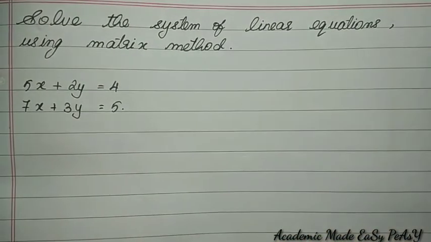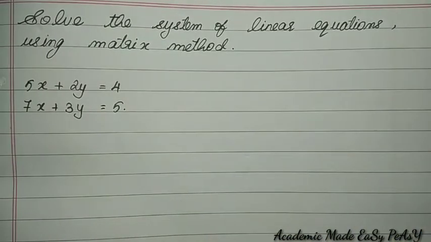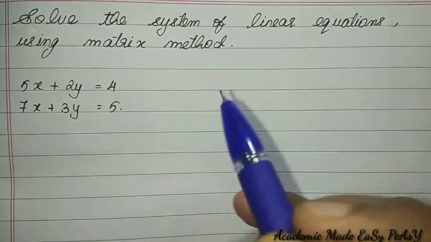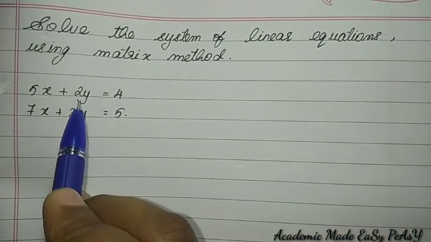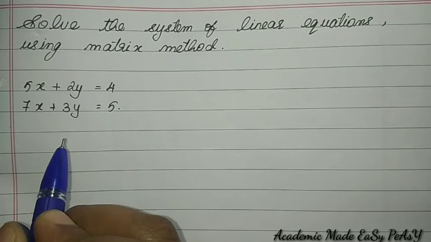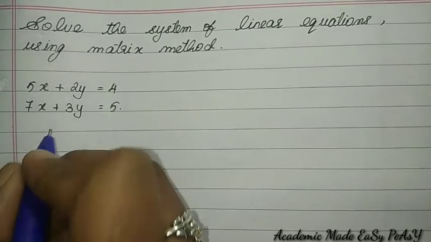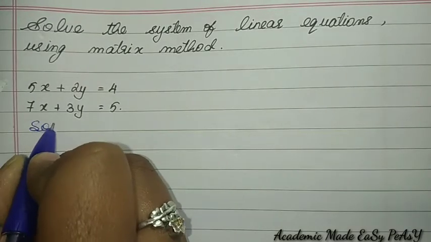Solve the system of linear equations using matrix method. Till now we were seeing only the consistency of the equations. From now we will start finding the solution for these systems of equations. Using the matrix method, I already taught you the formula. So first let us write the matrix.